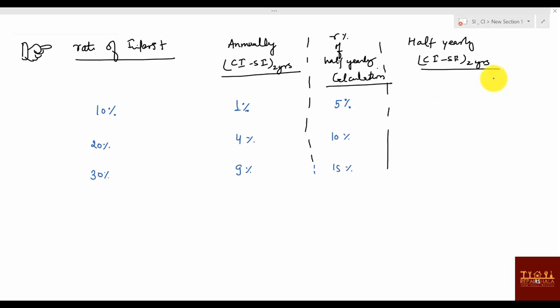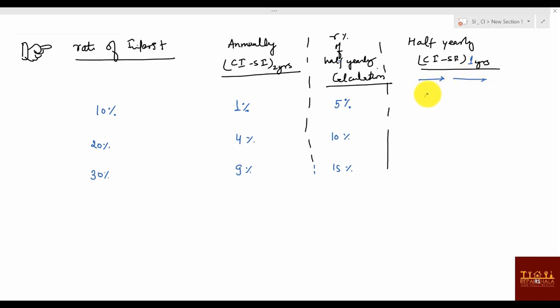Now let's make this one as 1 year, it will be a little easier. CI minus SI for 1 year. 5% for 1 year means 2 half yearlies will be there. So 5 and 5 into 5 by 100, you can say 0.25.